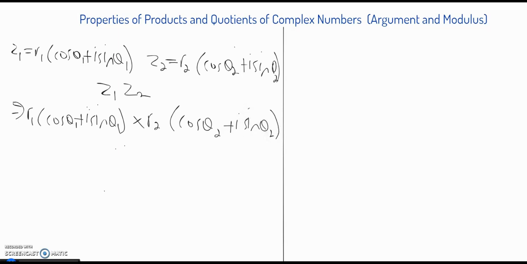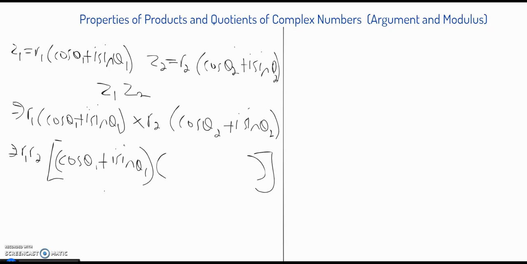Now, since we're taking the product here and we have R1 and R2 outside of the brackets, we can put those two together. So this would imply R1 R2, I'm going to open a big bracket, and this is going to be cos theta 1 plus I sine theta 1, all in one bracket, multiplied by cos theta 2 plus I sine theta 2.